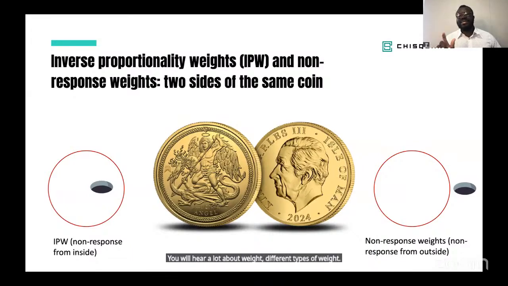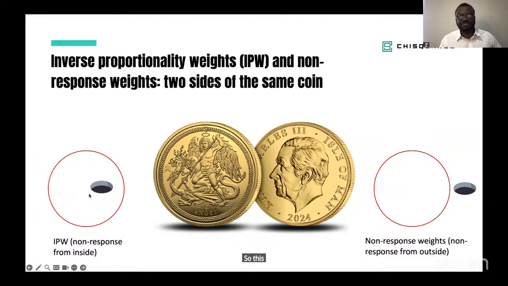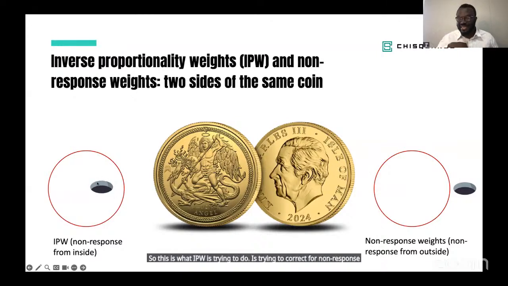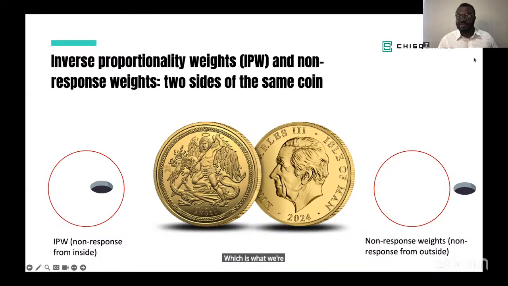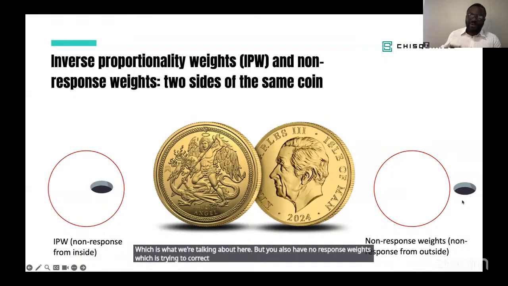So you need to understand how they are similar and how they are different. So this is what IPW is trying to do. It's trying to correct for non-response that comes from inside, which is missing values, which is what we're talking about here. But you also have non-response weights, which is trying to correct for non-response outside the study, right?